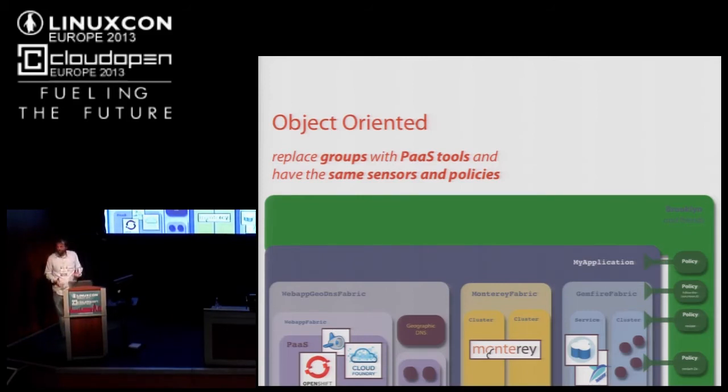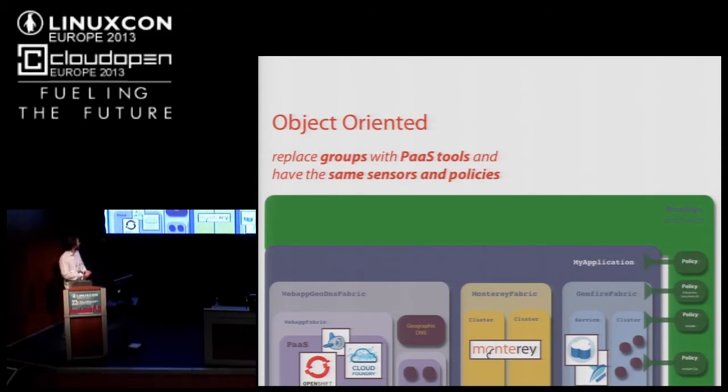Due to the way the entities are modeled, with object-oriented type systems and interfaces, you can pretty much swap out one of the web app clusters for a lot of the web-typey PaaSes. You get many of the same sensors and effectors, that is, metrics about what's happening and the operations you can do for the cluster.